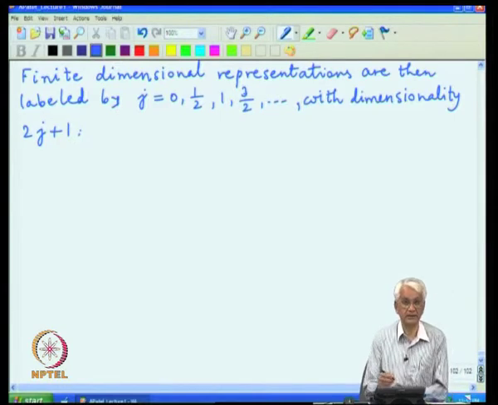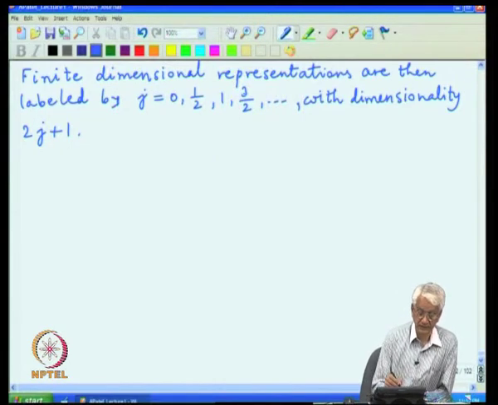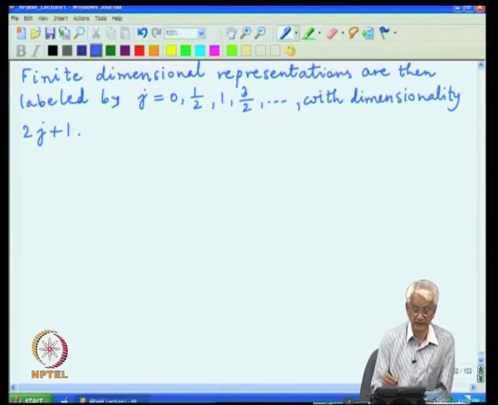So, they will be matrices of 2j plus 1 times 2j plus 1 size, and the allowed values are all these various familiar numbers.